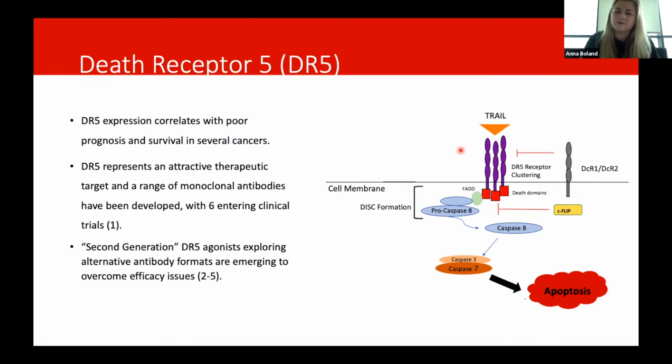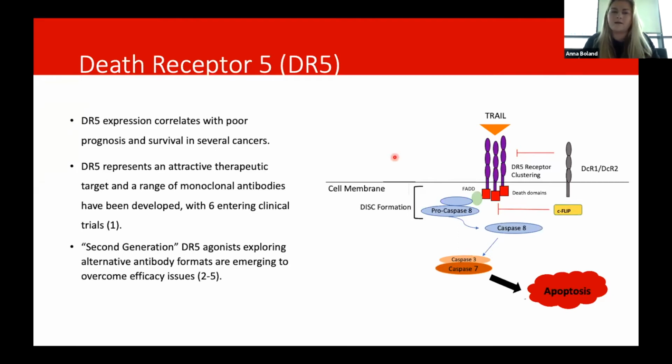We get the formation of what is known as the DISC, or the death-inducing signaling complex, which is comprised of various adapter molecules like FADD and these death domains internally on the receptors, which recruits pro-caspase 8, which undergoes cleavage to its active form and then subsequently activates caspase 3 and 7 and triggers apoptosis.